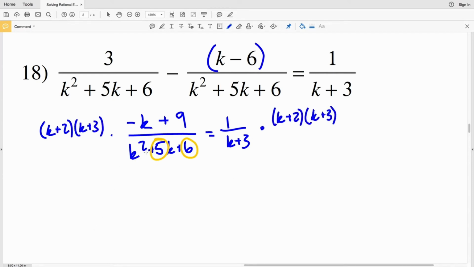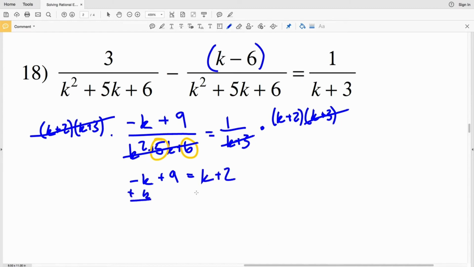When we do that, since k squared plus 5k plus 6 is equivalent to k plus 2 times k plus 3, those will cancel each other out, and the k plus 3 on the right-hand side will cancel out. So we'll be left with negative k plus 9 equals 1 times k plus 2, which is k plus 2.